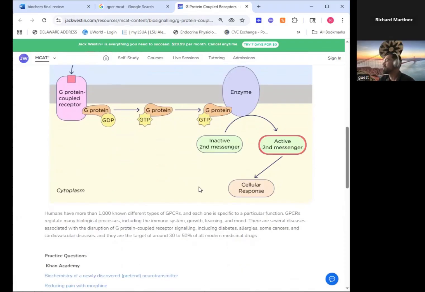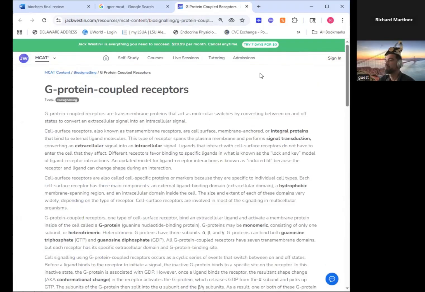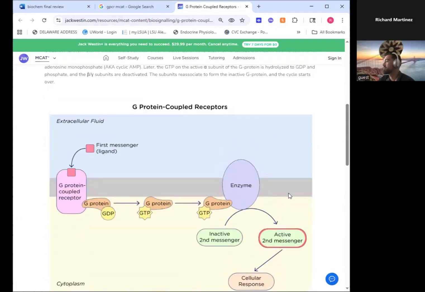Cool. Ion channel receptors. They have a picture here. I mean, it's the same thing. It's just a ligand binding. Channel will open. They're closed, so that they're trying to bump it through here, and then now it opens. So now you'll see sodium go in. You'll see potassium go out.